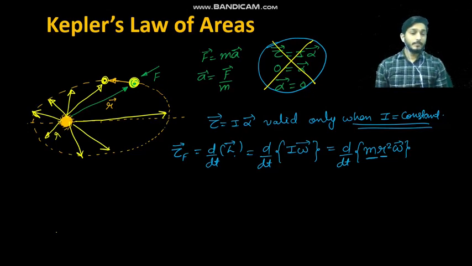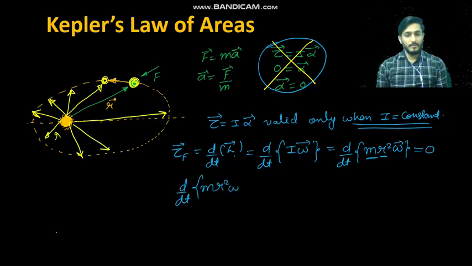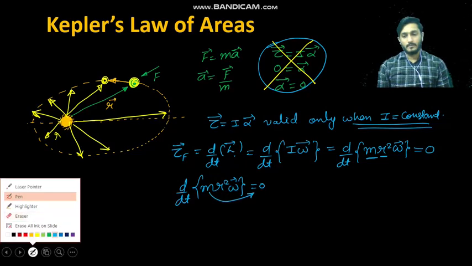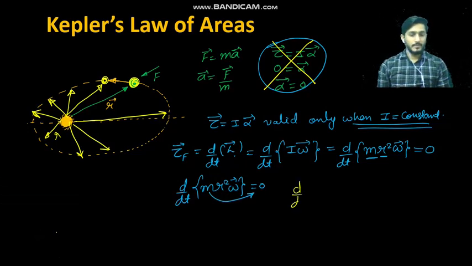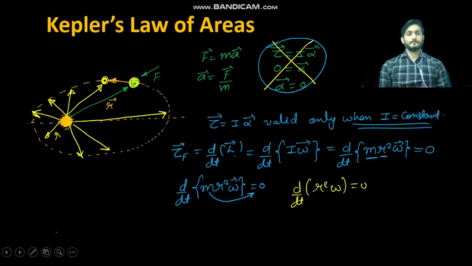And we have already proved in the previous case that torque of the force about the sun is 0. So we can say that d by dt of mr square omega must be 0. And here m is the mass, we can send it to the other side, and we are left with the term d by dt of r square omega equal to 0.